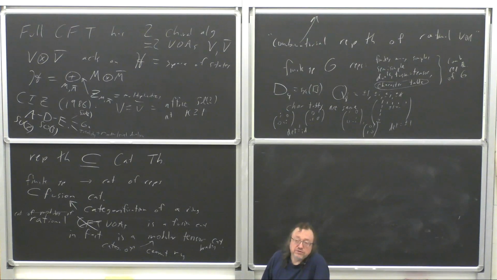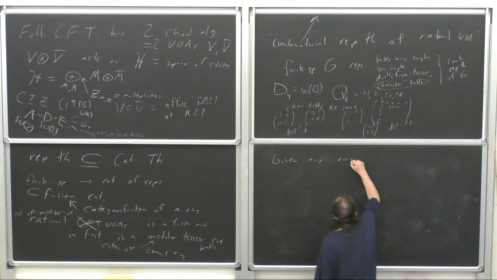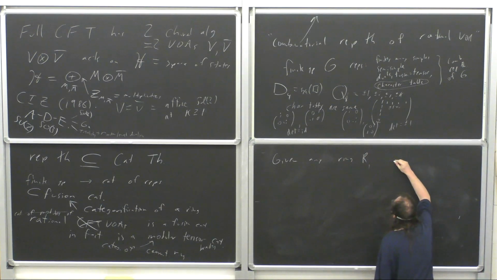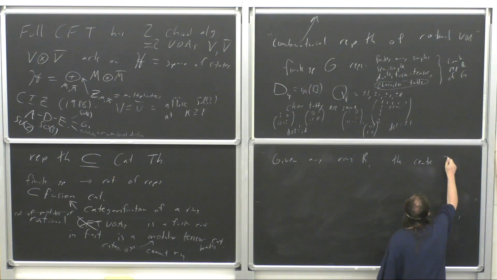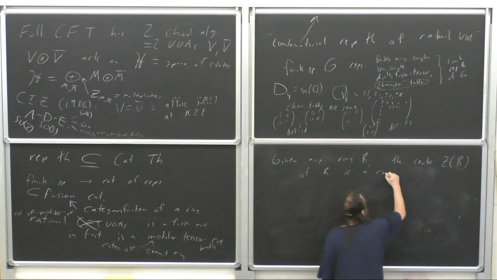Is there any way to associate a commutative ring to any ring? The center, right? So given any ring, let's call our ring R, the center of R is a commutative ring.